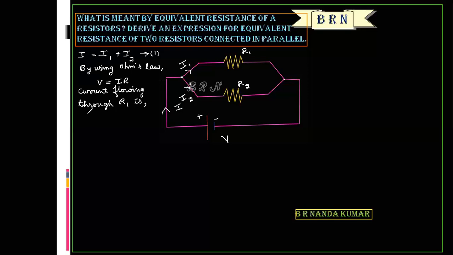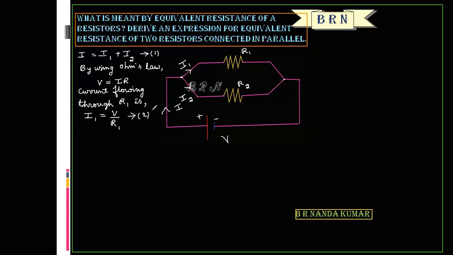The current flowing through R1 is I1. From V equals IR, I is equal to V by R. So here V is constant, right? I1 is equal to V divided by R1. Call this equation number 2.